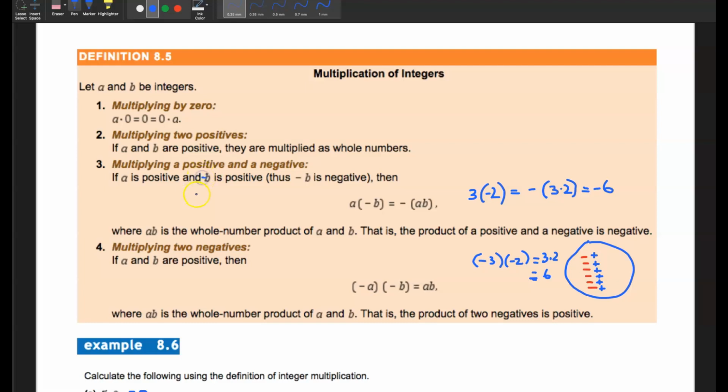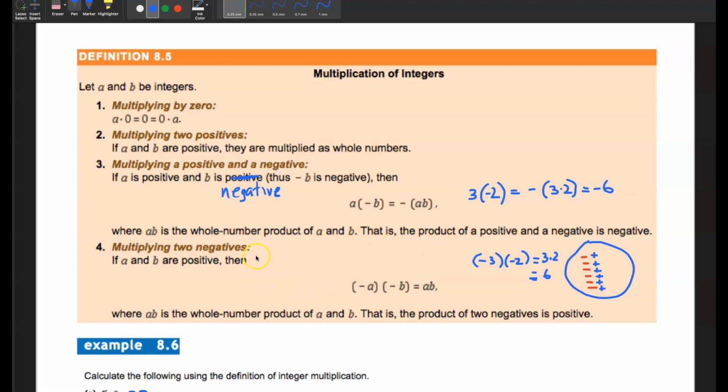This should be, if a is positive and b is negative, there's a typo there. If a is positive and b is negative, then we know the product is just a times b, but it's negative, the opposite of that. So you end up with that.